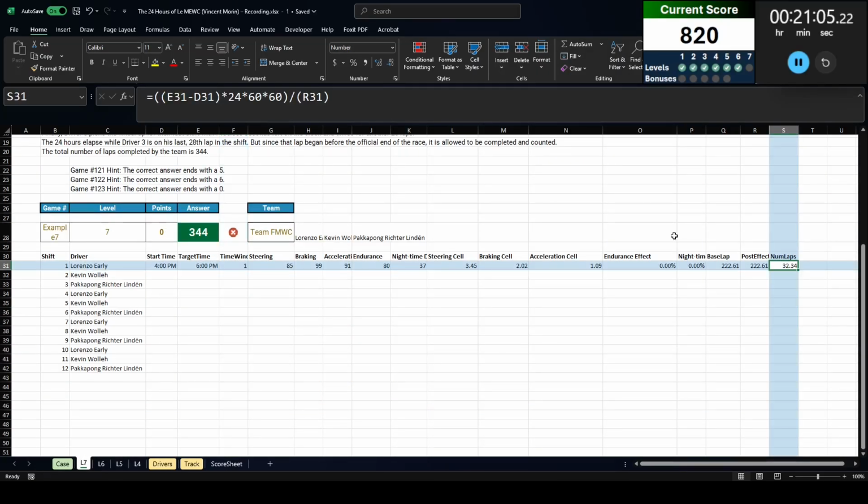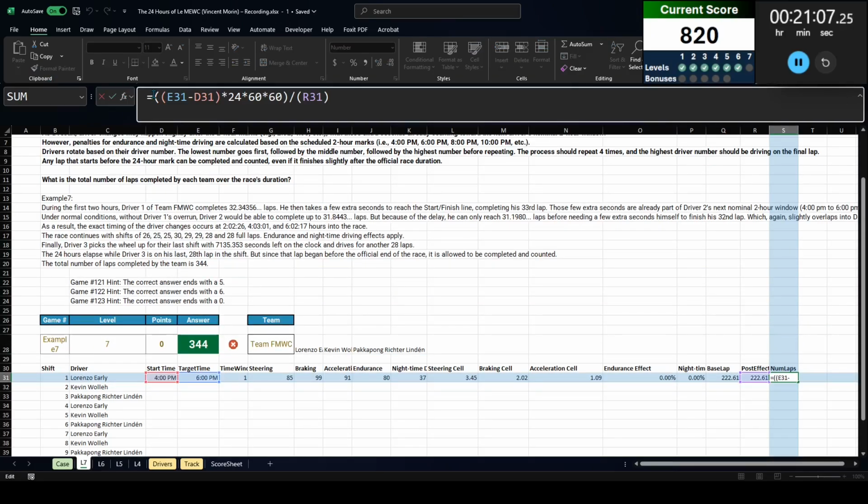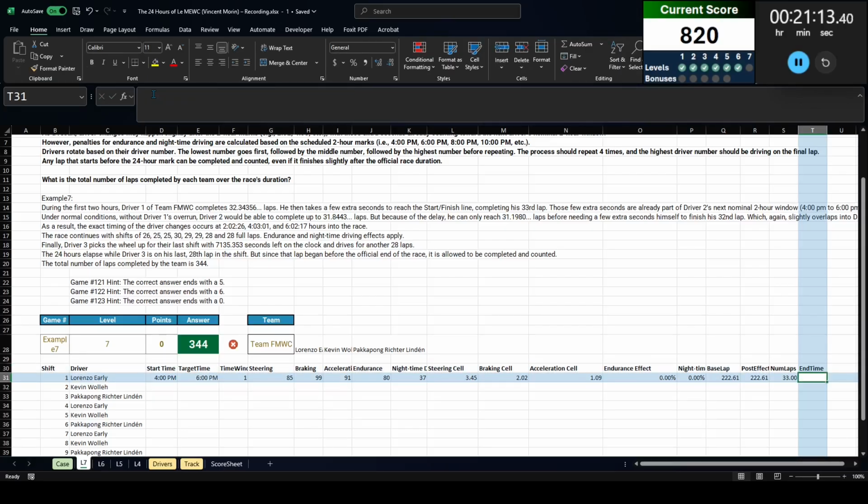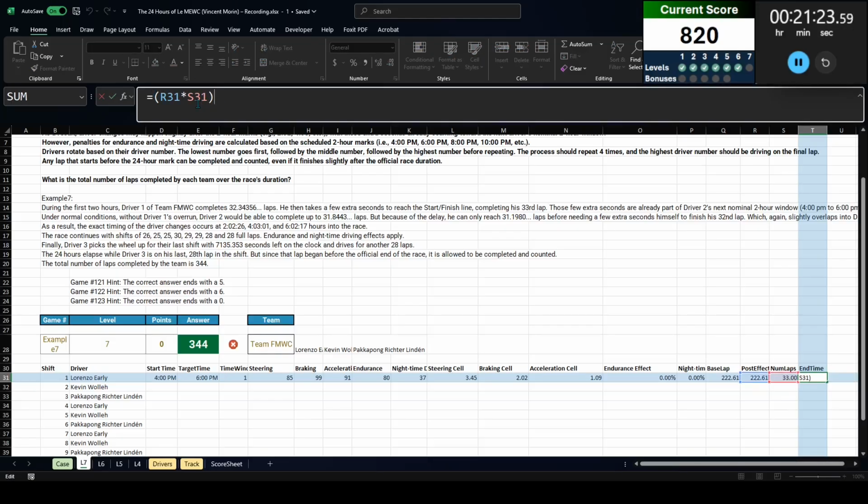32.34. That looks like it's matching. We need to round up because they can complete the lap. And then we get end time. So, right. So we need to take lap time times the number of laps. So that's the number of total seconds that you took to get around the track. We need to turn that back into hours. So 60 seconds in a minute, 60 minutes in an hour, 24 hours in a day.